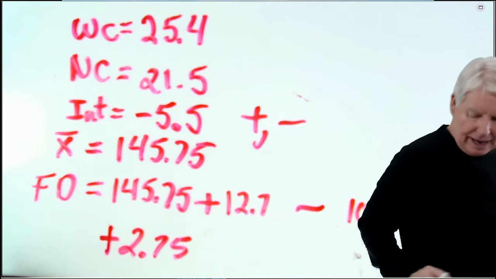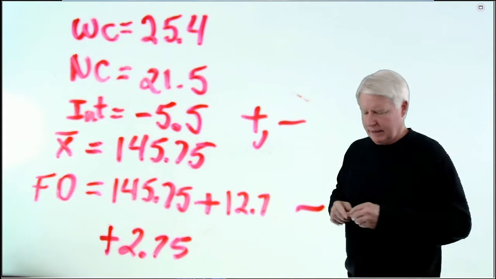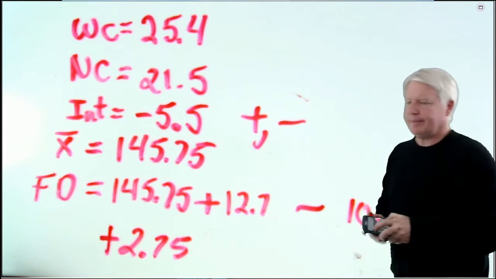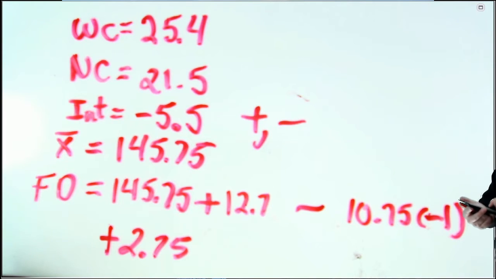Okay. Now let's run the math through my calculator. And it's going to be 145.75 plus 12.7 take away 10.75 equals plus 2.75.